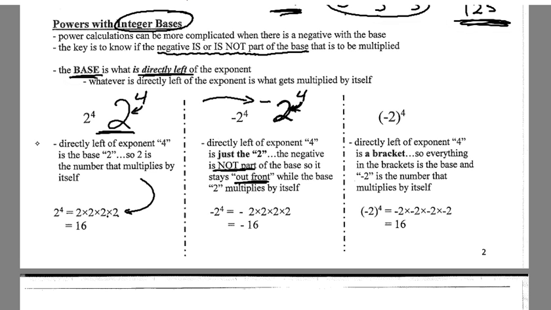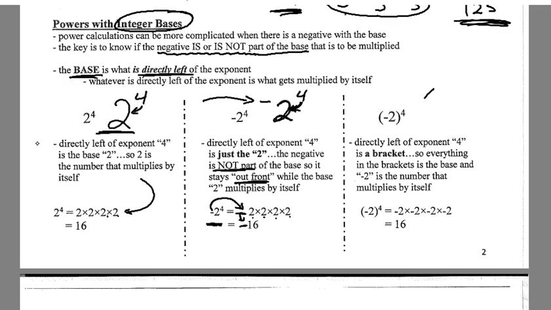So you can see in our calculation down here, the 2 is the base, the negative's not. So we just write the negative out front. And this is like saying you have a negative 2 times 2 times 2 times 2. And the negative stays in your answer. Negative 16. Know what the base is.